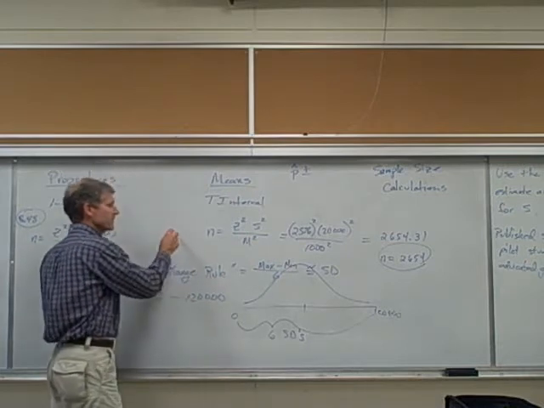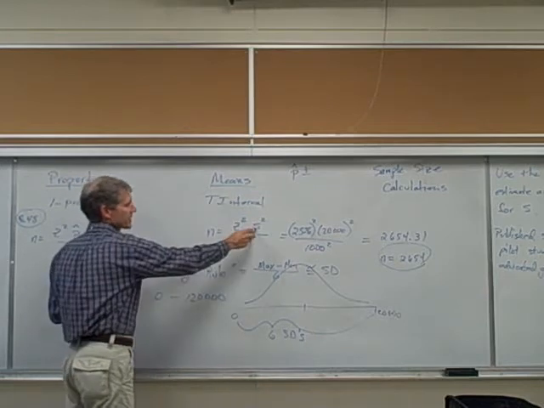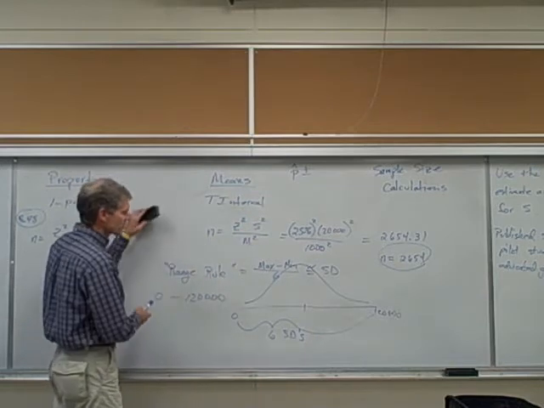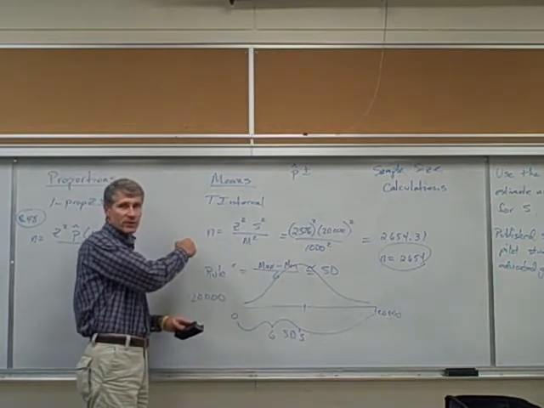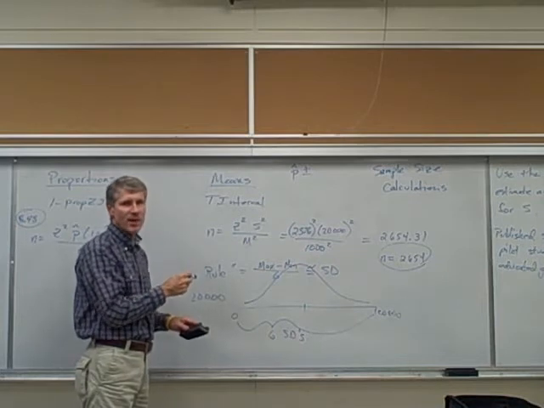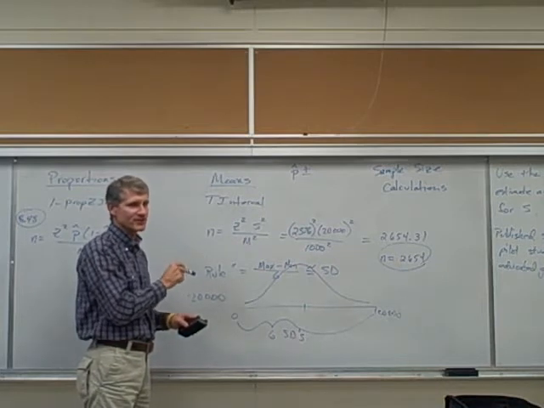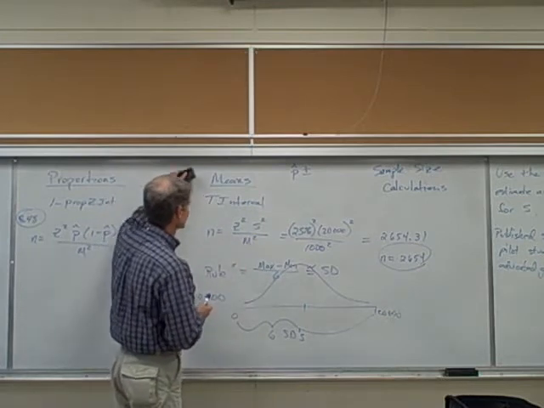Most of the problems are that way. They'll just give you a standard deviation. But I do know that this problem we just worked with the income is one of the online homework problems. So you're going to be asked to do that. So just remember, I take that range, I divide by 6. That gives me my standard deviation.